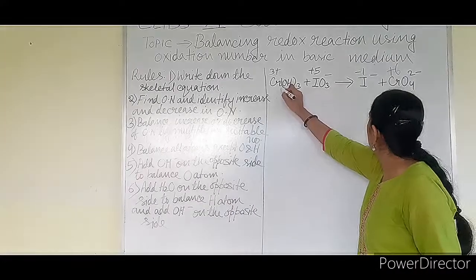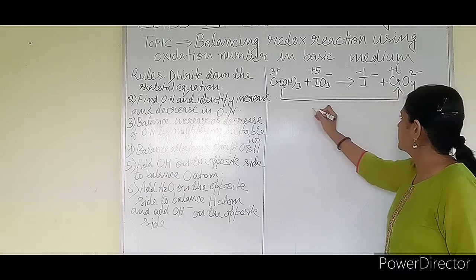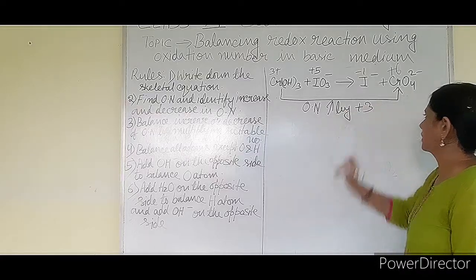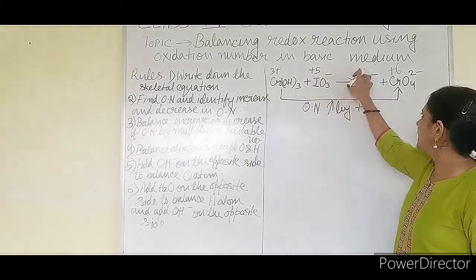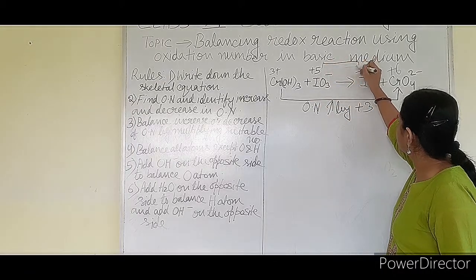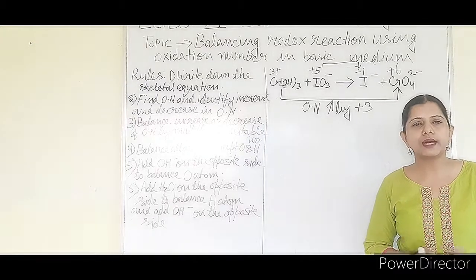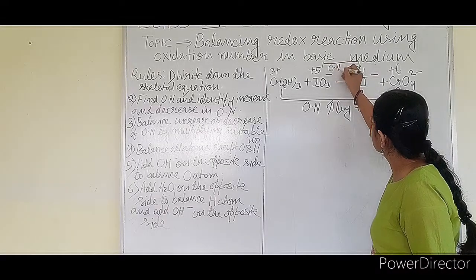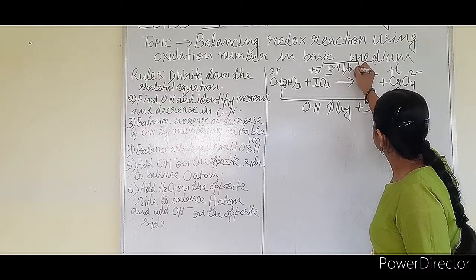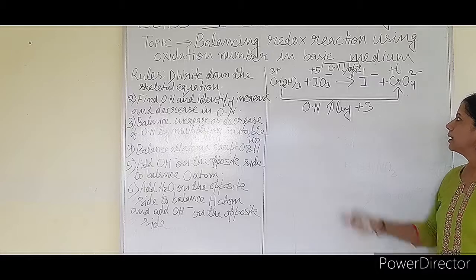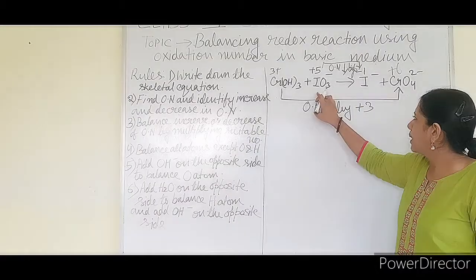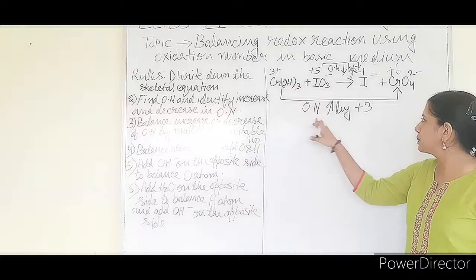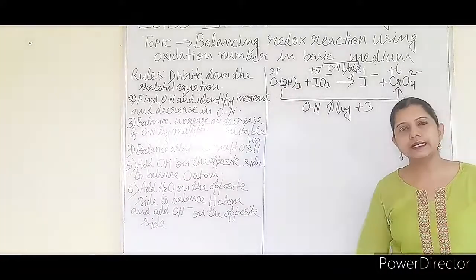Here chromium goes from plus 3 to plus 6, that means oxidation number increased by 3. Iodine goes from plus 5 to minus 1, that means it decreased by 6. I hope you can understand. Iodine plus 5 to minus 1, decreased by 6. Chromium plus 3 to plus 6, increased by 3.